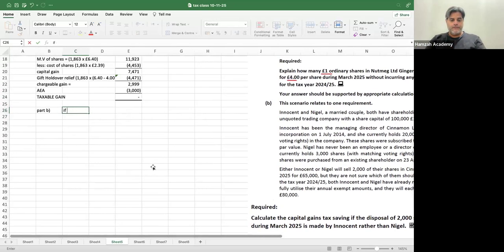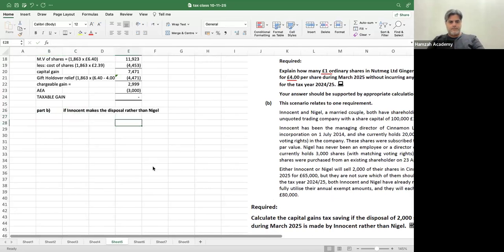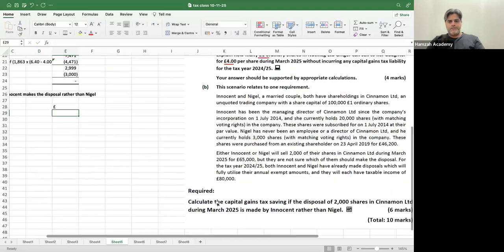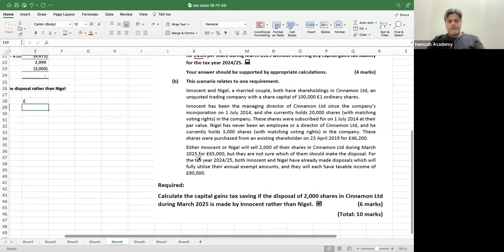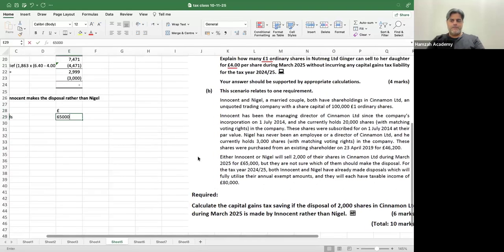If Innocent makes the disposal rather than Nigel, we have disposal proceeds. They will do it for 65,000.